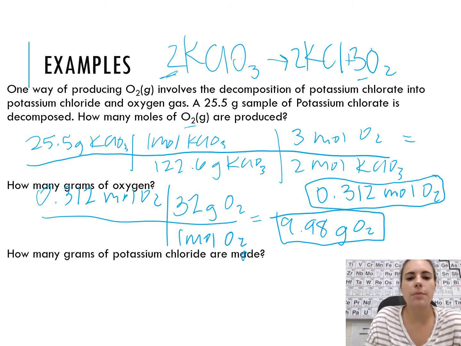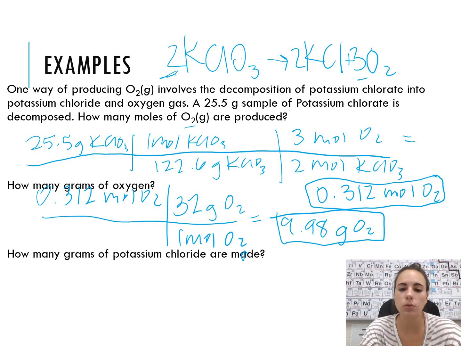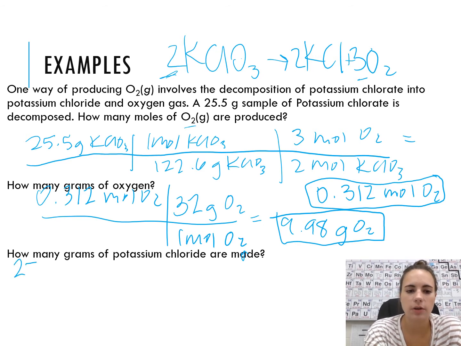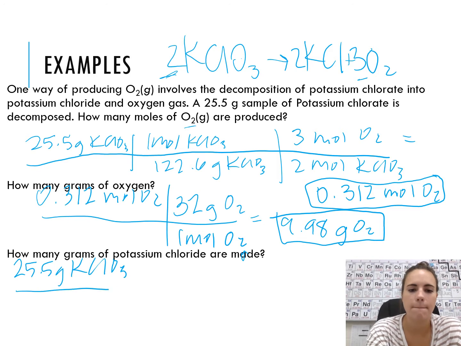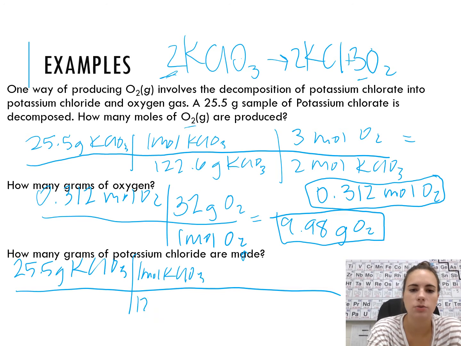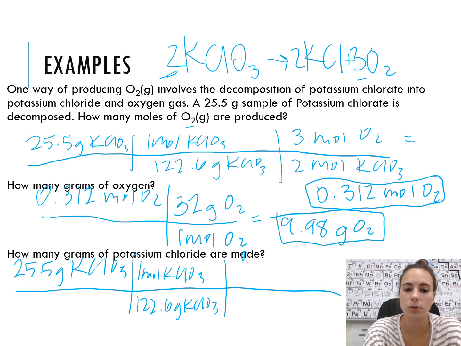And finally, it says how many grams of potassium chloride are made. So this time I'm going to potassium chloride. I'm going to start with my same given, 25.5 grams of potassium chlorate. 1 mole of potassium chlorate is 122.6 grams. Now this time I'm converting to potassium chloride.